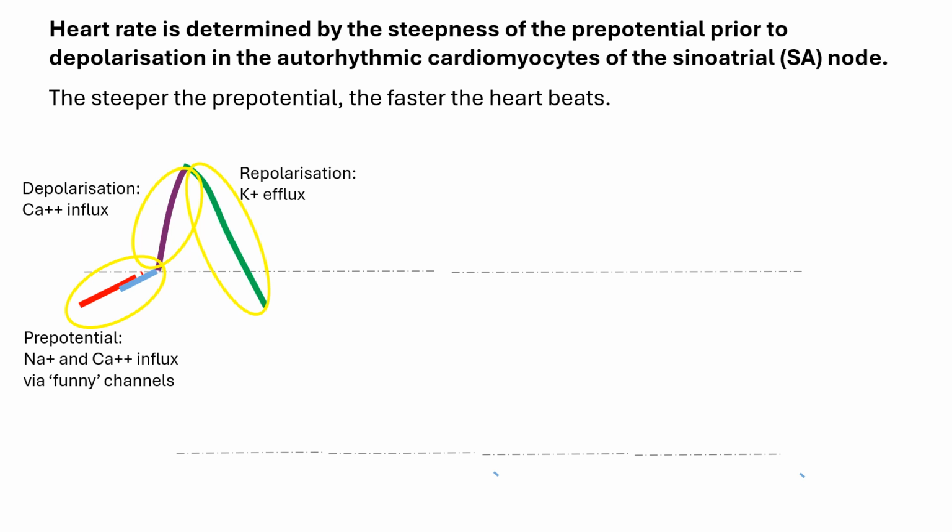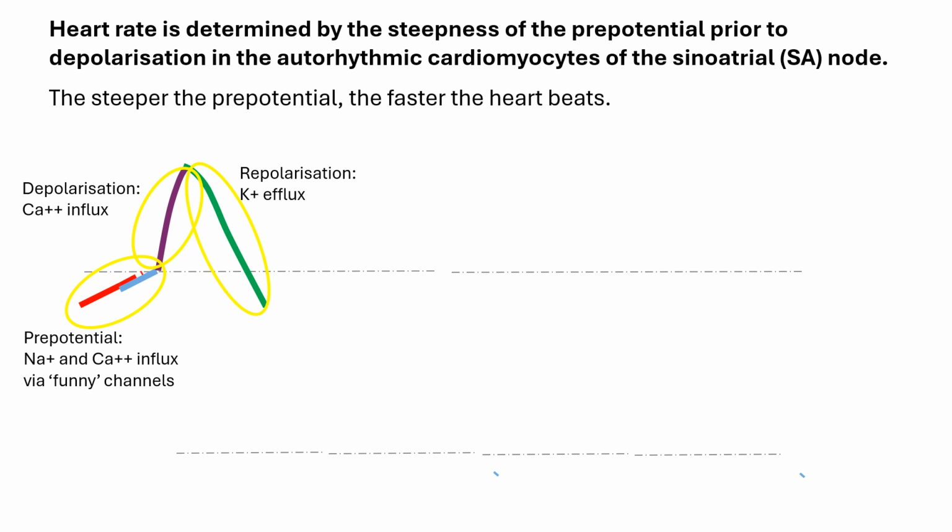If you want to know why, you need to go back to resting membrane potential. But the calcium has closed now, we've stopped that influx, but now we have potassium efflux, moving out of the cell. This brings us back down below threshold, back to our starting point, which is about minus 60 millivolts.